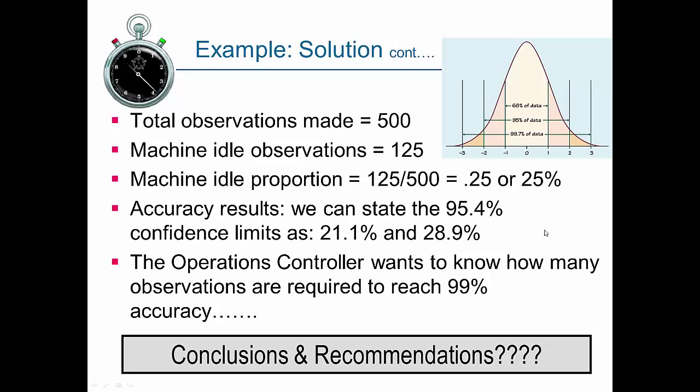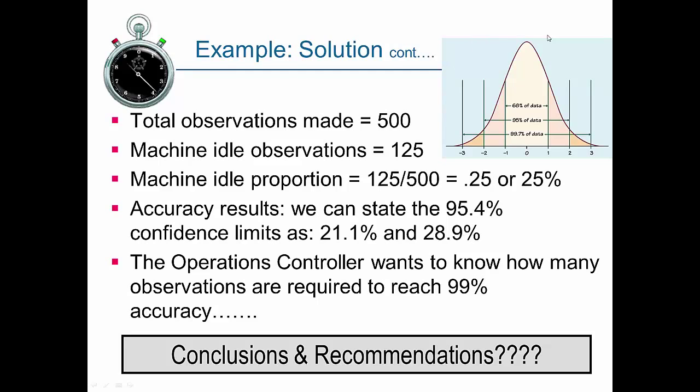What that means is if we looked at this process 7 days a week, 24 hours a day, over 100 years, we're confident that the actual mean of the percent idle time is between 21 and 29%, rounding, which captures 95% of the population.